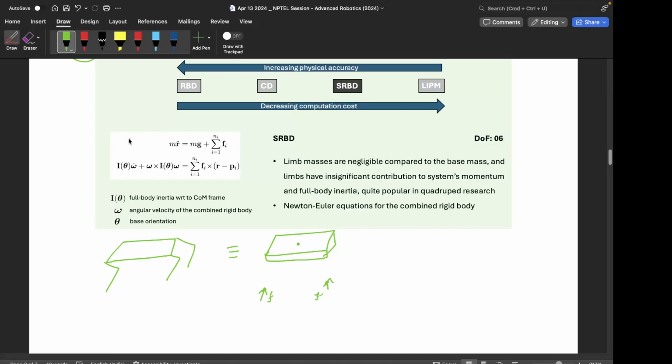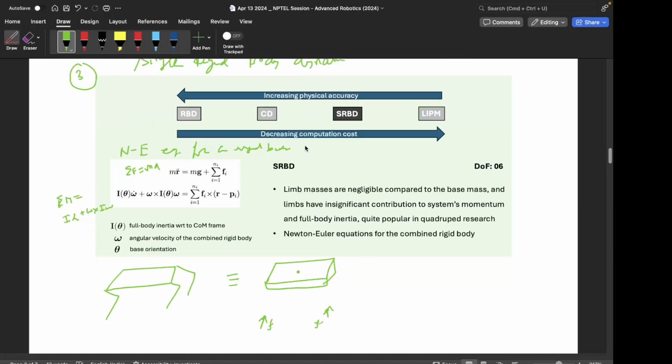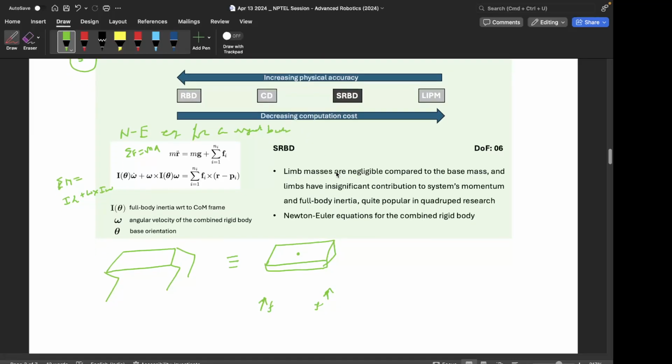It's just sigma F is equal to ma, and the second part is sigma M is equal to I alpha plus omega cross I omega, right? So this is the classical Newton-Euler equations for one rigid body. Now it's not a multi-body system. We have simplified it into one single rigid body.